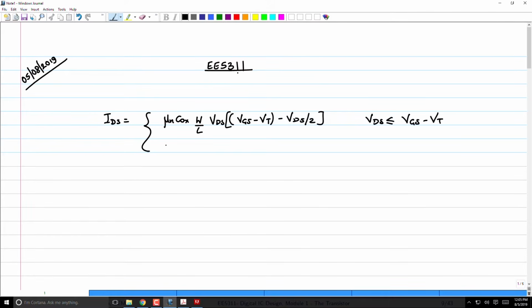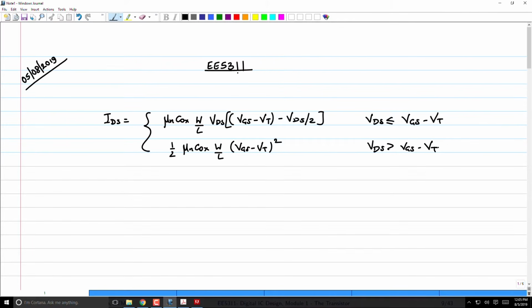And what happens after that? The current just saturates, right? And you get half mu n C ox W by L into VGS minus VT the whole square. This is VDS greater than VGS minus VT.